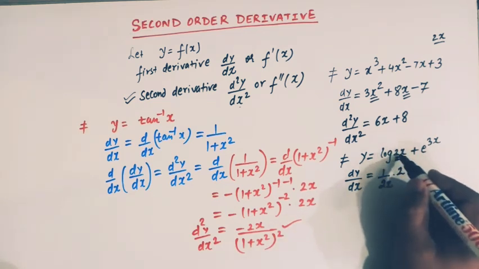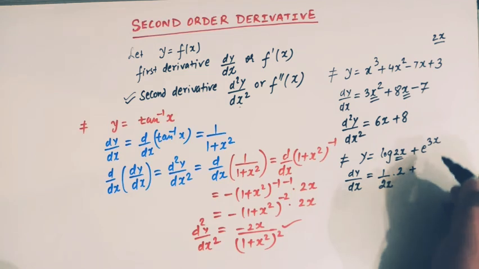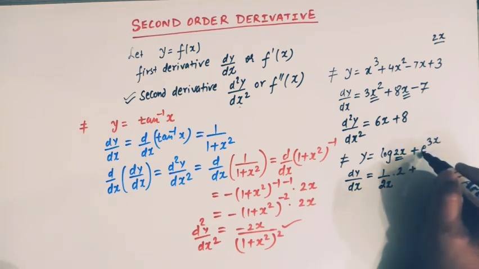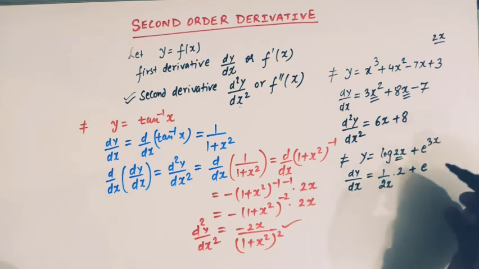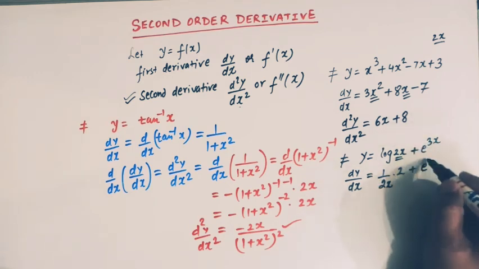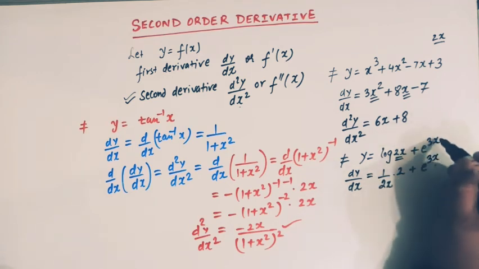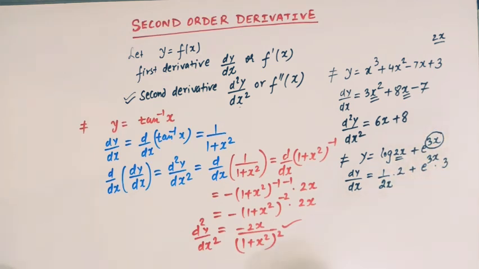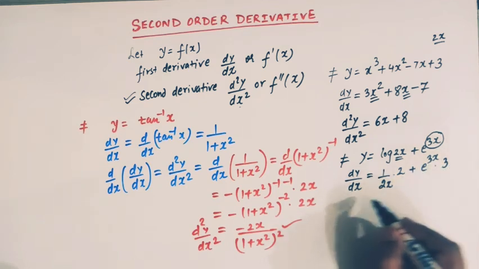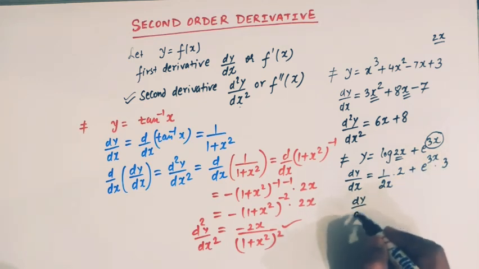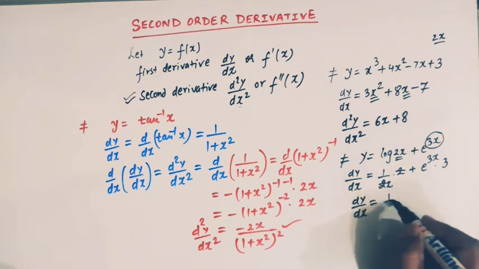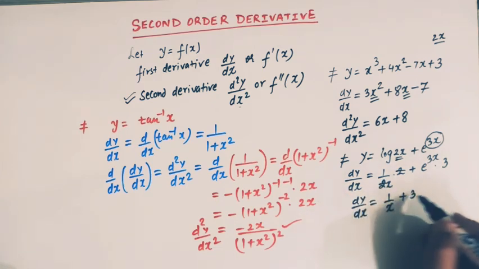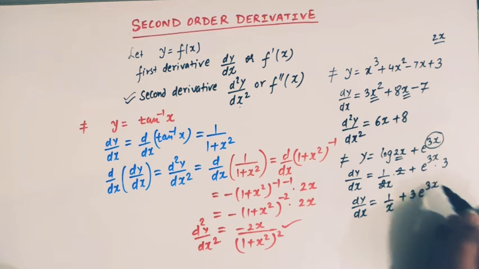The derivative of 2x is 2, plus here we have e raised to 3x, so the derivative of the exponential function is the function itself, so this is e raised to 3x, and the derivative of this 3x is 3, by chain rule. Now dy over dx is equal to, here 2 and 2 get cancelled, so we have 1 over x plus 3 e raised to 3x.